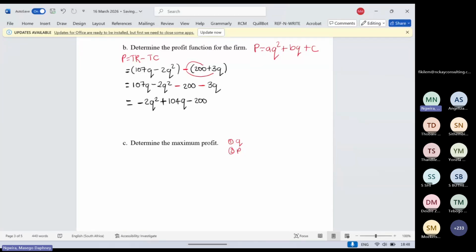So now we know that our profit function that we obtained in the previous question is P equals negative 2Q squared plus 104Q and then minus 200. That's our profit function that we obtained before.